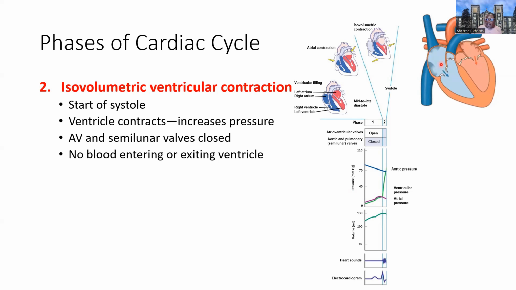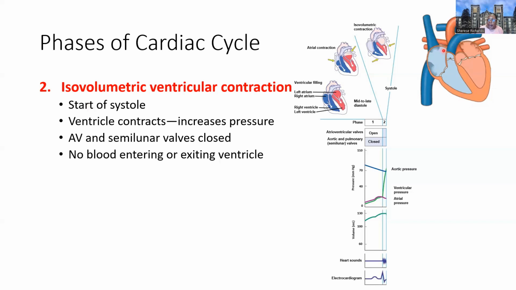However, the pressure is not high enough for the semilunar valve to open just yet. While the ventricle is contracting in this phase, we have the start of systole, which is ventricular contraction. We have an increase in pressure, and we're trying to get the pressure high enough to be higher than that in the vessel, in the artery, and then the semilunar valve will open.